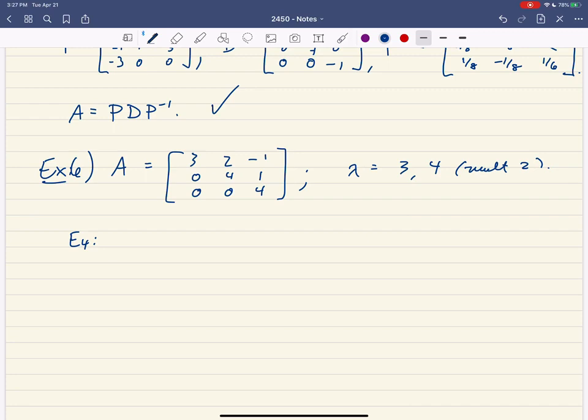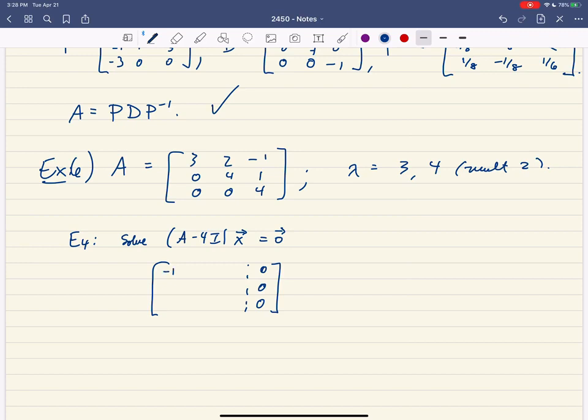Let's try and find E4. What we're going to do is look at solving A minus 4I times x equals the 0 vector, and we'll do this in augmented matrix form. So if we take A minus 4I, we're going to subtract 4 from all the values on the main diagonal.